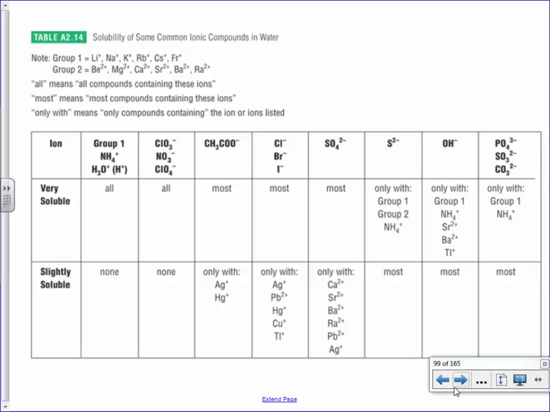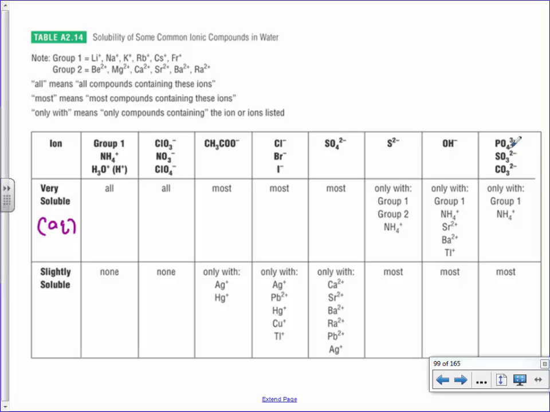This chart will help you figure out whether or not solutions actually dissolve very nicely, or whether they're only what we call slightly soluble, like this one right here, where there's a murky, sandy, bunch of stuff in there basically. That makes sense? So here's how this table works. In order to figure out whether something is very soluble, which means it's aqueous, you need to look for something along the top.